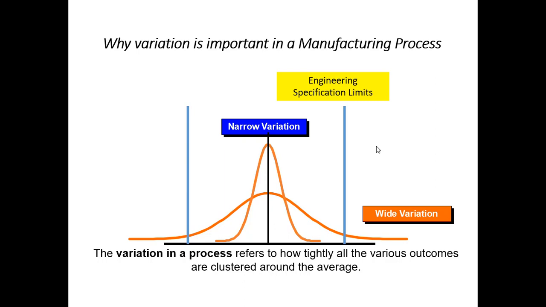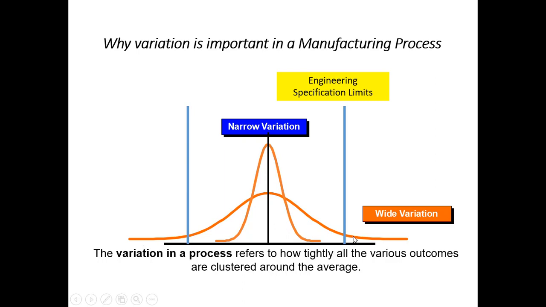When you create the histogram, if you imagine its general shape, you could think of it in terms of a curve. Now, let's think of this curve over here as the output of a process with a wide variation.